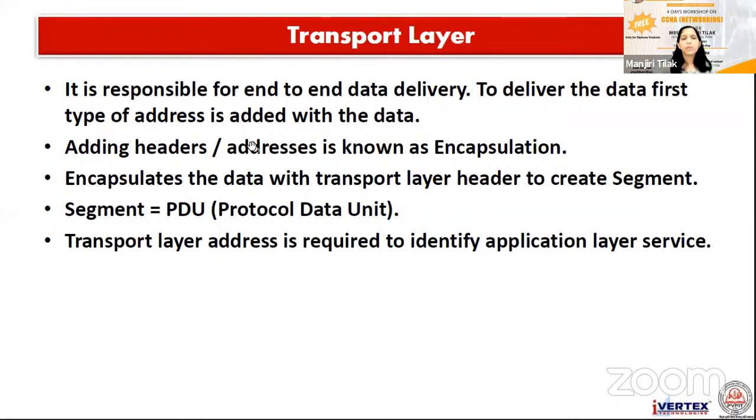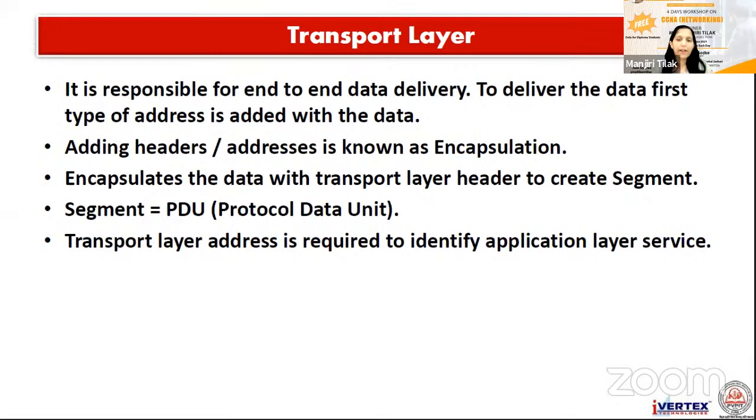Now, why are these transport layer addresses required for end-to-end communication? Transport layer addresses are required to identify the application layer service. So whenever the receiver is going to receive a particular communication at the transport layer, the receiver should identify what kind of application layer request is there in the data, right?